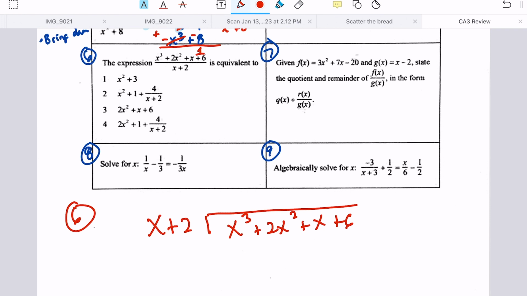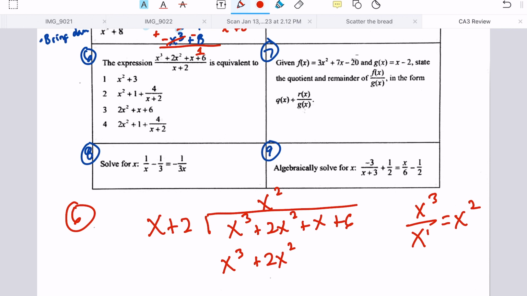So x goes into x cubed. So we divide. X cubed divided by x, well, that's x squared. So I'm going to put x squared here. Then I'm going to multiply x squared times x. Well, that is x cubed. X squared times 2, that's positive 2x squared.